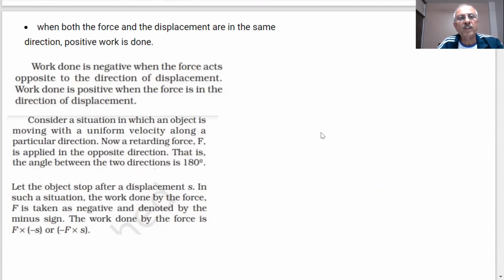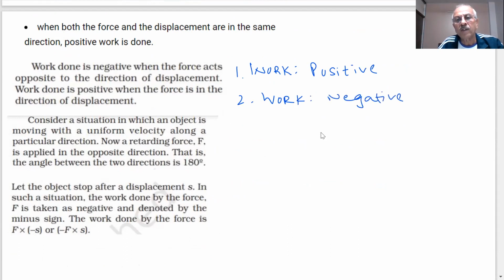When both force and displacement are in the same direction, work can be positive. We also told you, students, work can be negative and work can be zero. There are three possibilities.